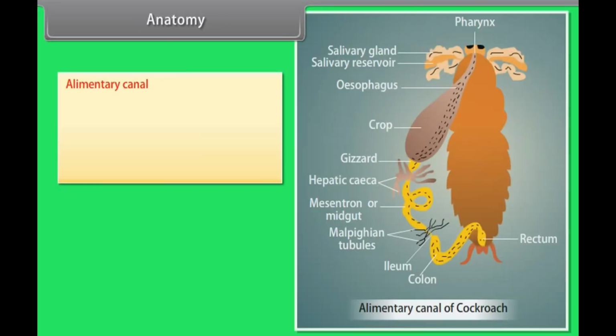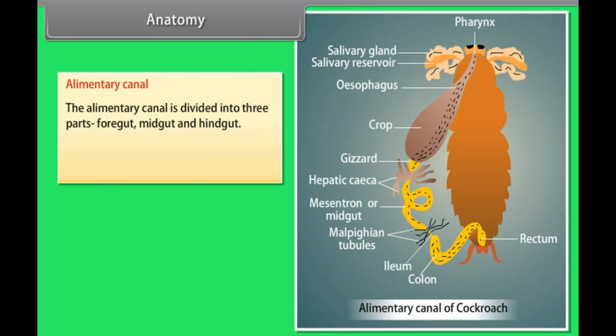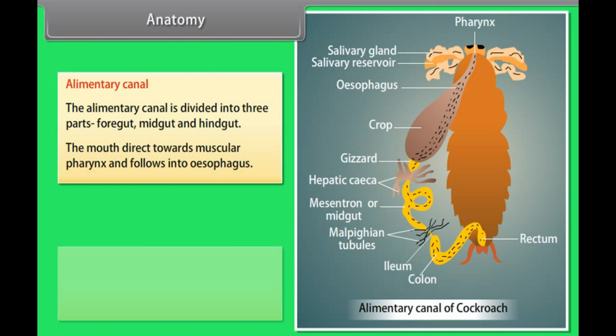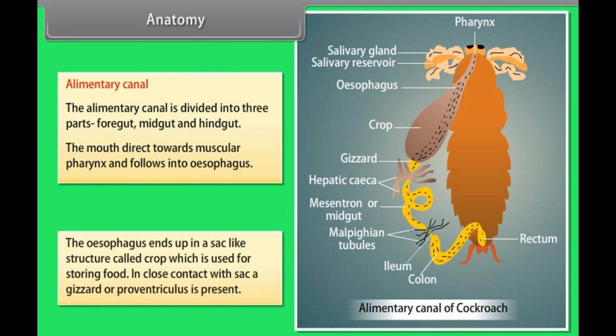Anatomy. Alimentary canal. The alimentary canal is divided into 3 parts: foregut, midgut, and hindgut. The mouth directs towards the muscular pharynx and follows into the oesophagus. The oesophagus ends in a sac-like structure called the crop, which is used for storing food.